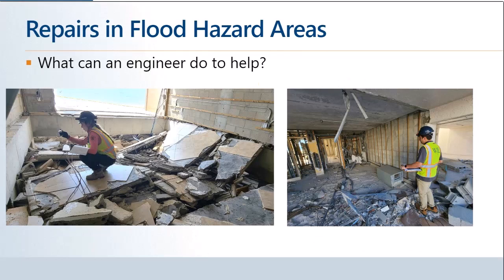So what can engineers do to help? Well, I think in the case of these flood provisions and making sure whether or not you trigger the substantial damage requirements, the best ways that engineers get involved to help are conditions where identifying exactly what needs to be addressed, understanding what really is damaged and what's really not damaged, not being conservative and replacing things that can be repaired, kind of sharpening the engineering pencil.